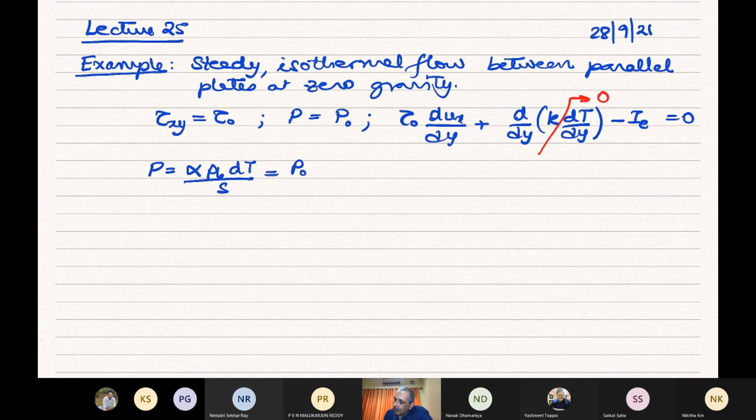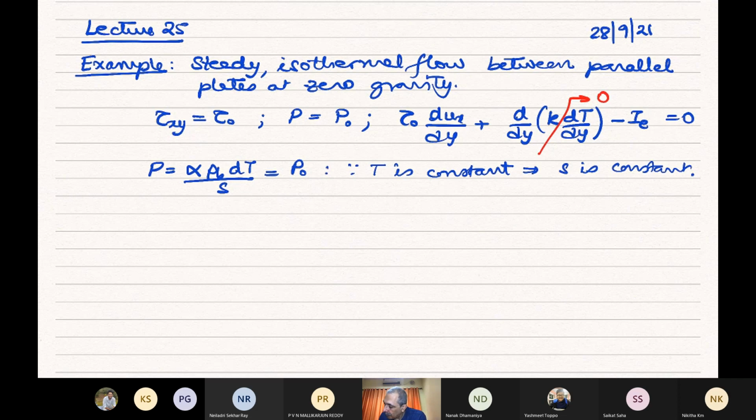Since temperature is constant, this implies that S is constant. So for an isothermal system, your spacing between particles is going to remain a constant. So S is a constant.